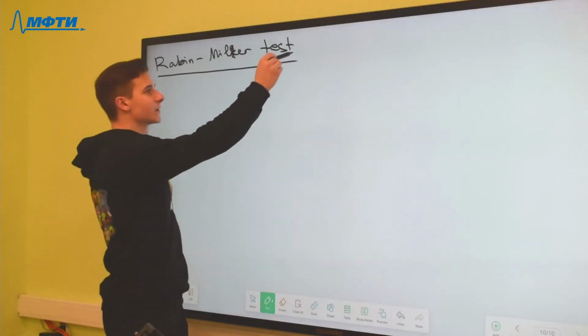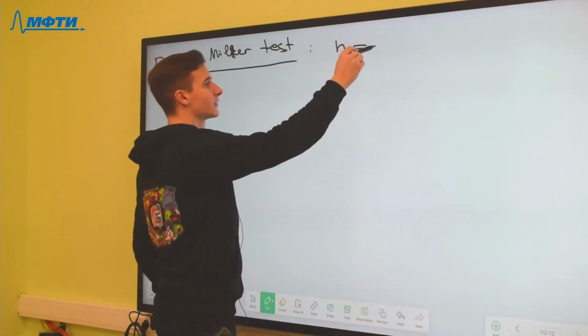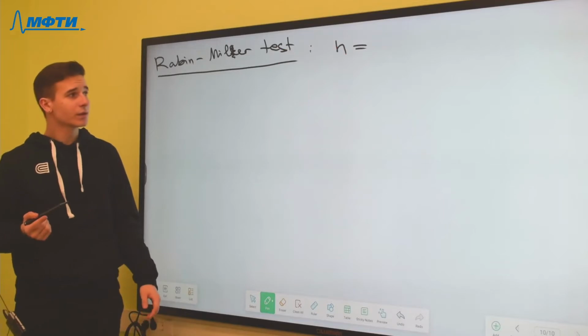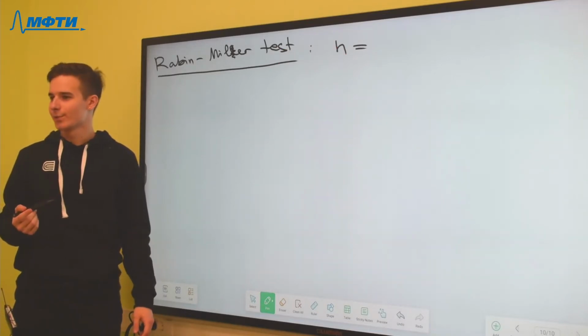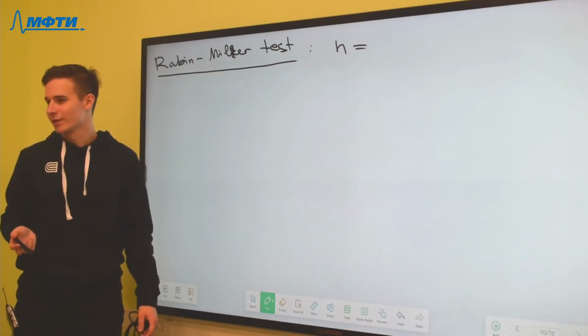Firstly, if n is an even number bigger than 2, it is not prime.